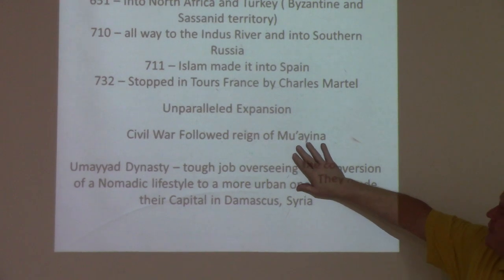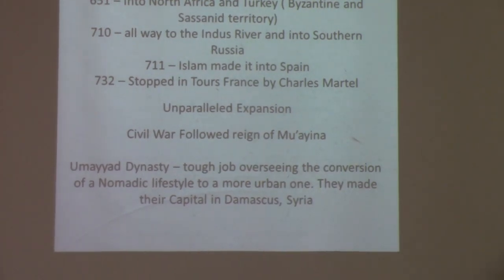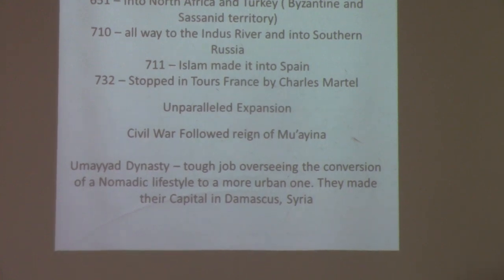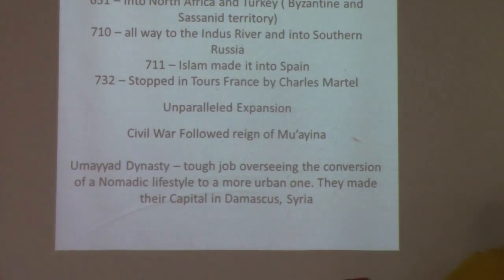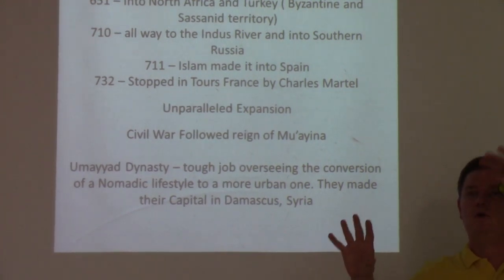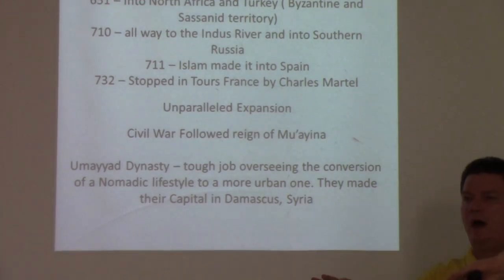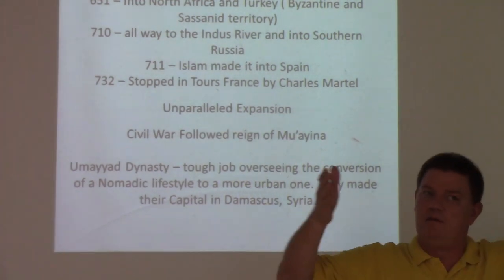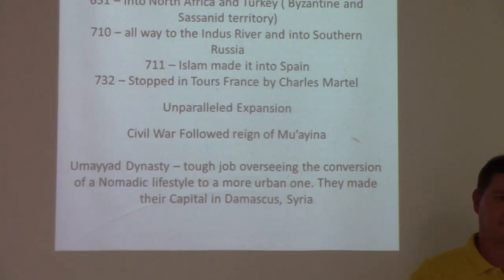Following the fifth Caliph of Mu'awiya, there is a civil war. This is when the Islamic schism will take place, where we have the original Umayyad dynasty, people from Mecca, who did all the hard work. They oversaw the moving of Arabic society from a nomadic or semi-nomadic Bedouin one to living in an urban city, a more urban city.